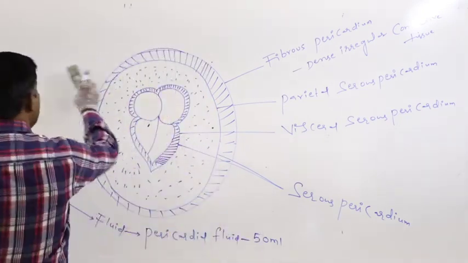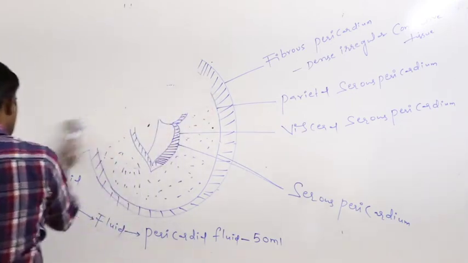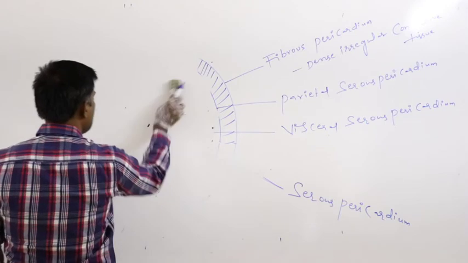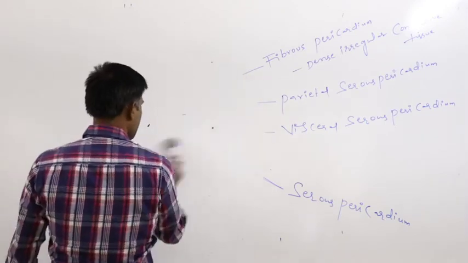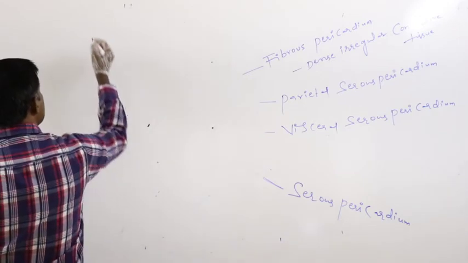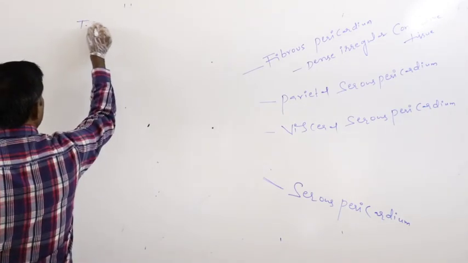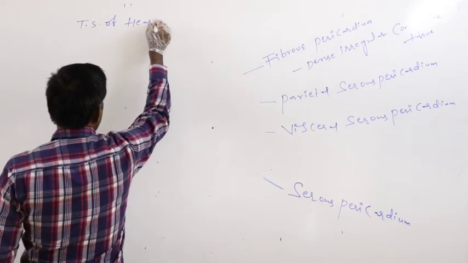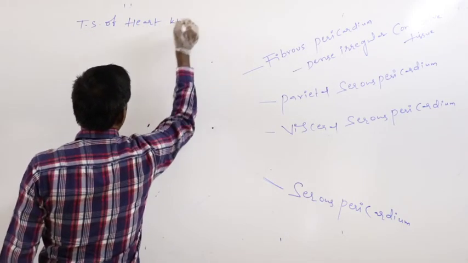In the case of the heart wall, in the transverse section, three principal layers appear. TS of heart wall.